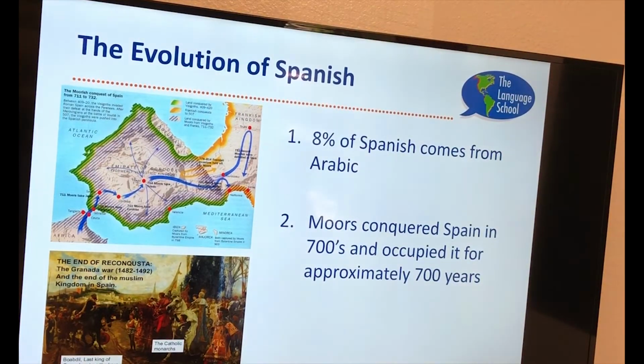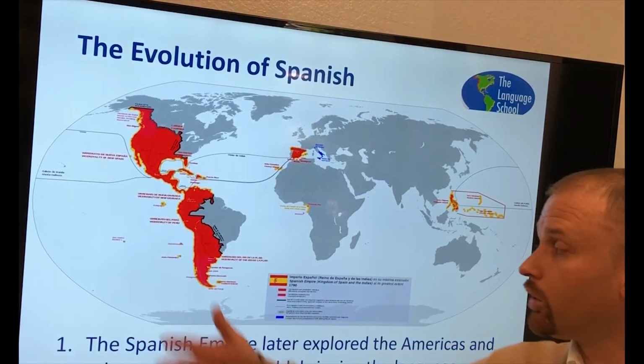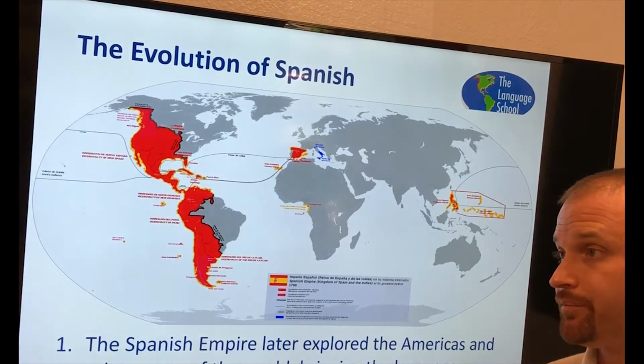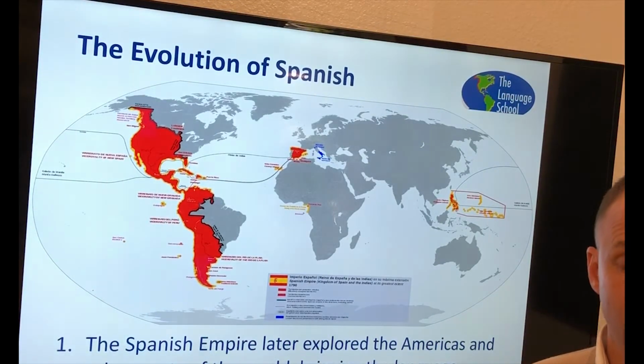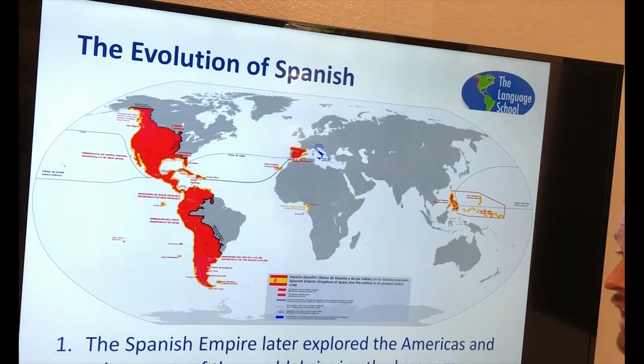After that, when the Spanish came back to power, they started exploring the world and conquering most of the Americas. Today, I'm located in Colorado, which is actually a Spanish word meaning red.